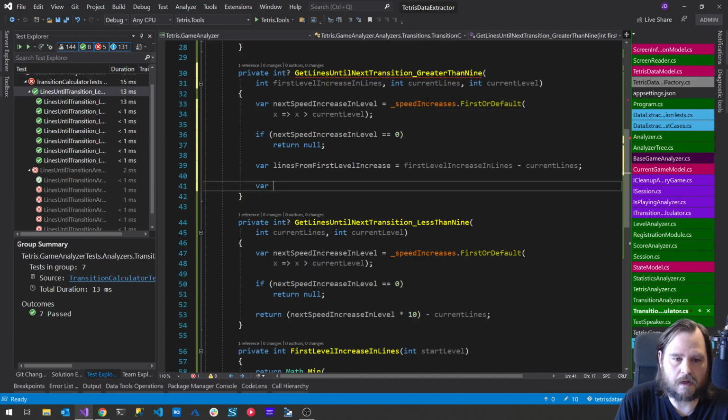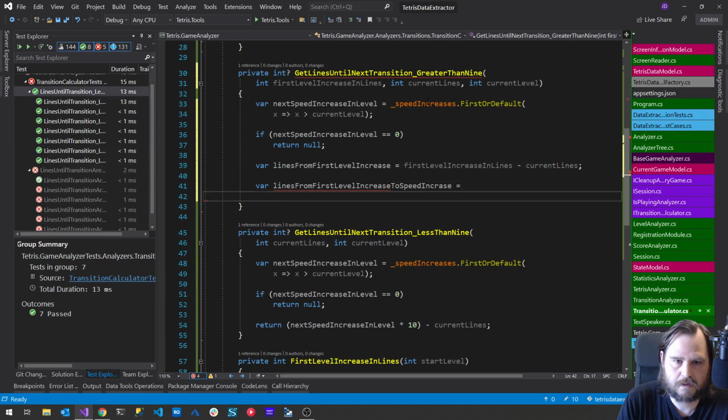So lines from first level increase to speed increase equals... oh no, we need the starting level.